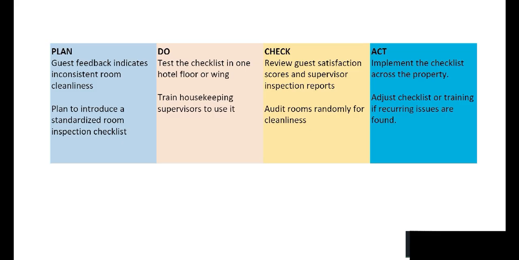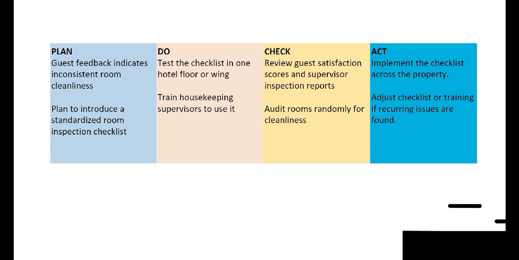Have you ever noticed that the smallest routines in a hotel, like cleaning a room or serving breakfast, can make or break the guest experience? So, this is where the PDCA cycle becomes a powerful tool, ensuring not only consistency, but also continuous improvement.